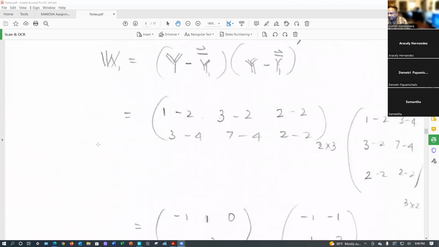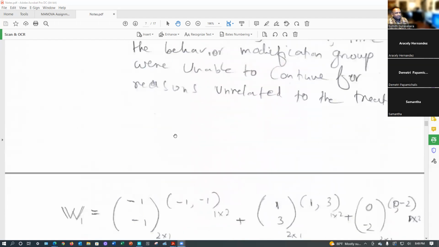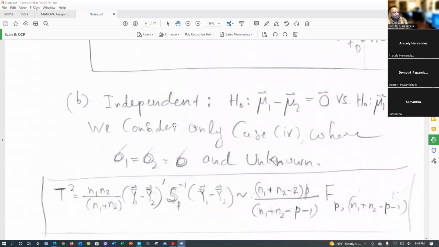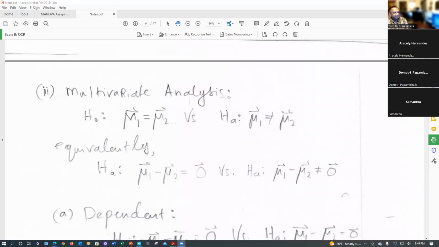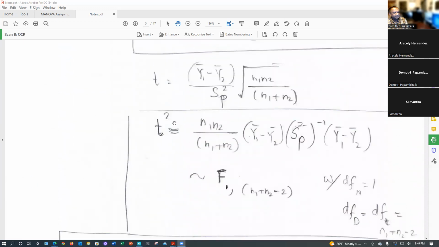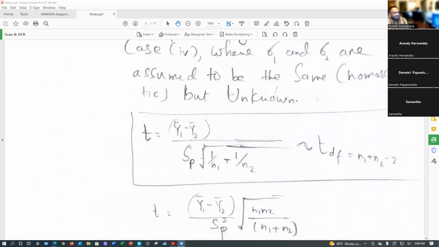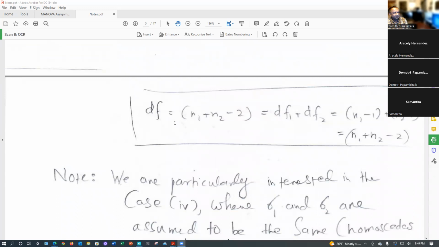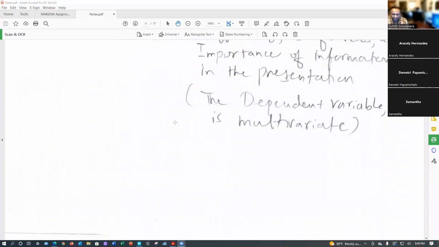One second. Okay, some pages are missing, then I scan. First, let me see. After this one, independent multivariate analysis. Oh, are they coming? Okay, let me see.